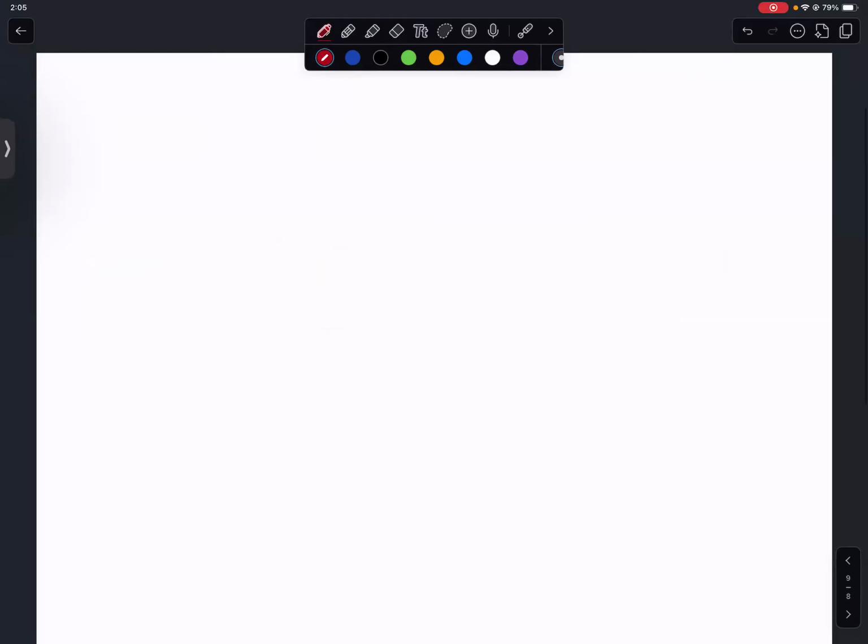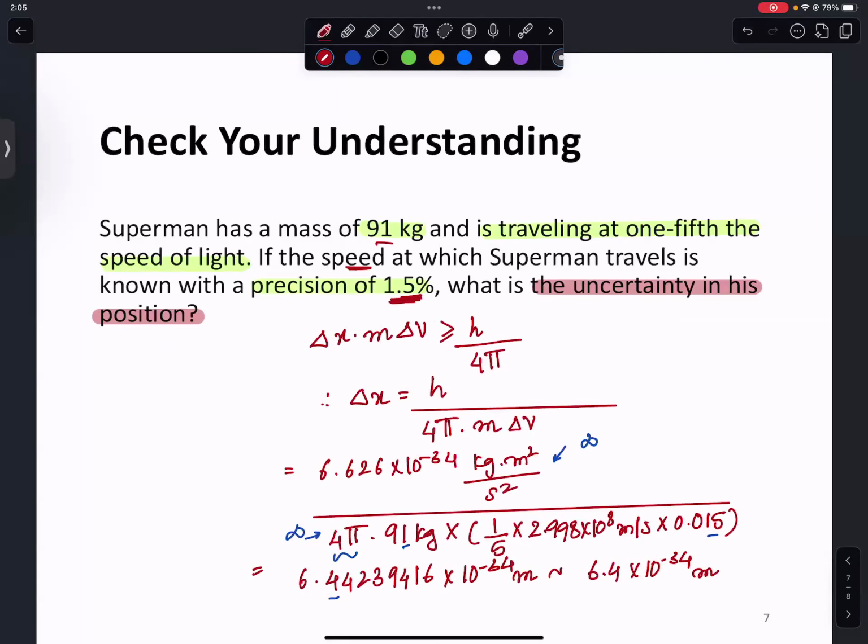Again, we're going to use the same equation. Let me copy and paste it from the slide right here.